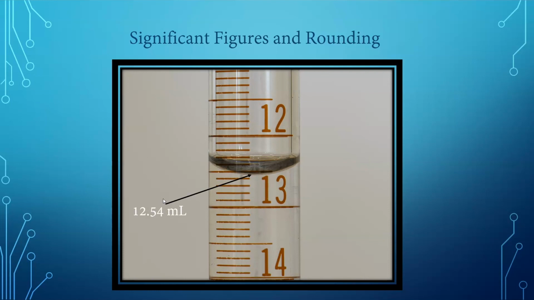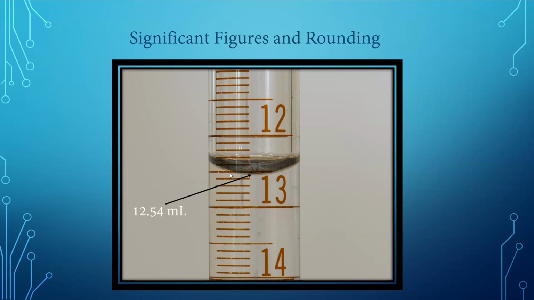You always want to record your measurements or report them as accurately as possible. Now, I wouldn't want to write down 12.54396 milliliters because I have no idea what's beyond the hundredths place. The rule of thumb for measurements is whatever the smallest increment is in your measuring device, you can go 1 decimal place smaller.